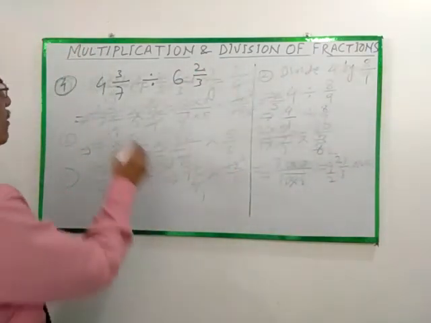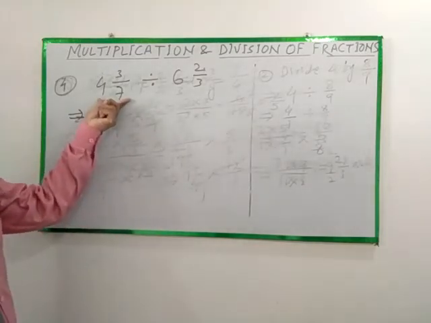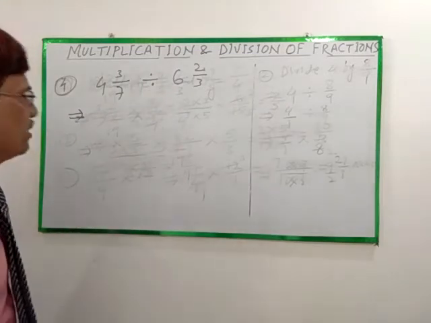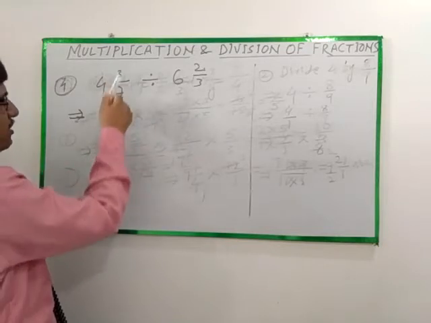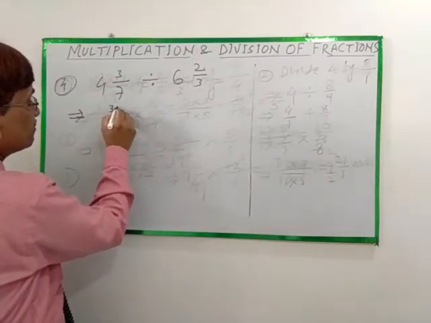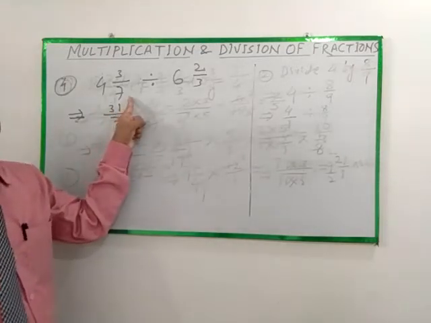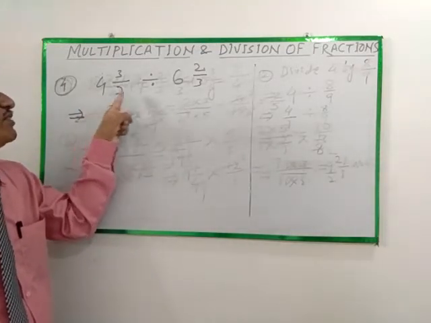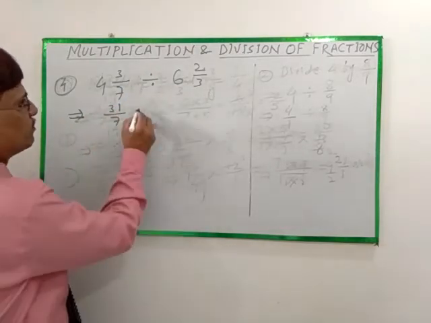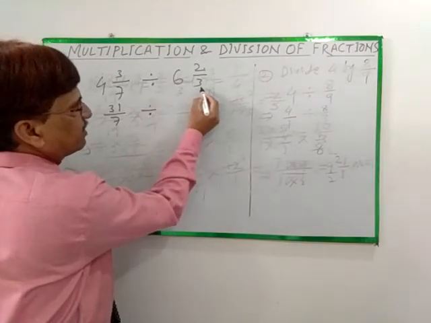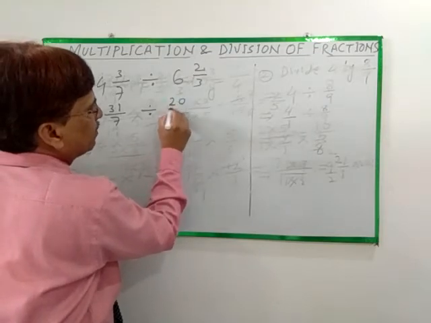Okay, so first we have to convert mixed fractions into improper fractions. 4 sevens are 28 plus 3, 31 upon 7. You have already learned how to change a mixed fraction to an improper fraction. 6 threes are 18 plus 2, 20 upon 3.